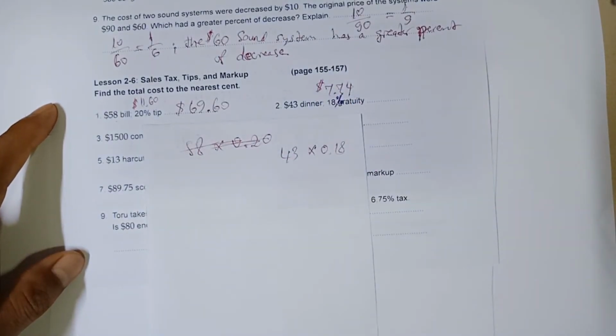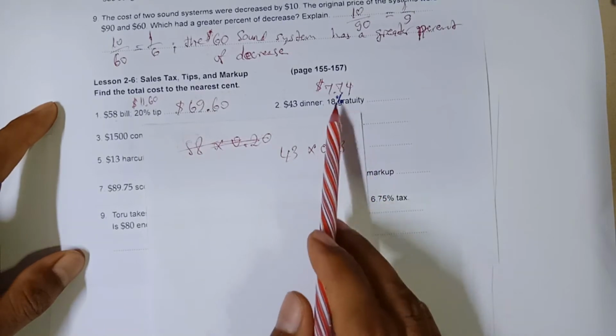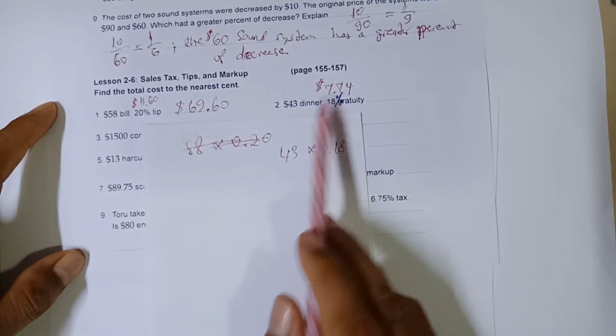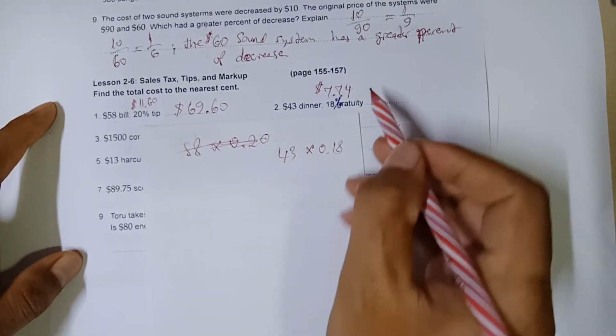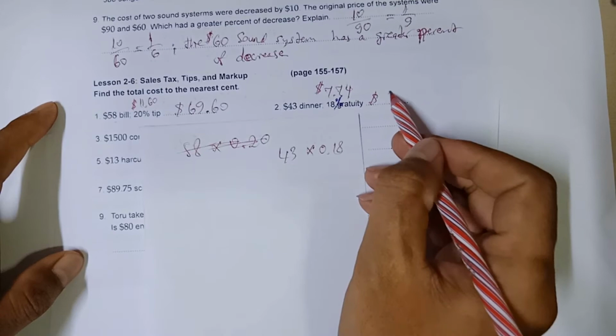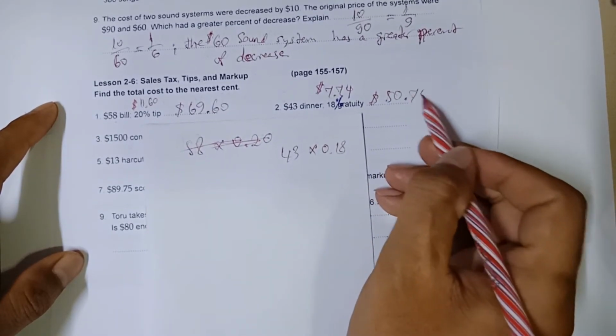To find the total cost, $7.74 plus 43 gives you $50.74.